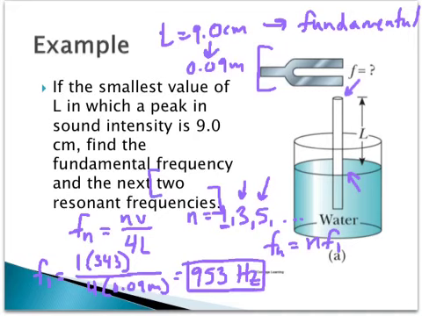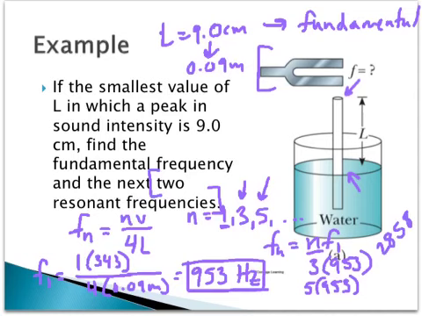If we know the fundamental, we can easily find the other harmonics by multiplying that n value times the fundamental. So the next two would be 3 times 953 hertz, and 5 times 953. You get values of 2,858 hertz for the third, and 4,765 hertz for the fifth harmonic.